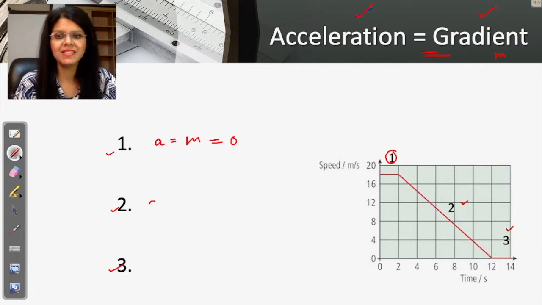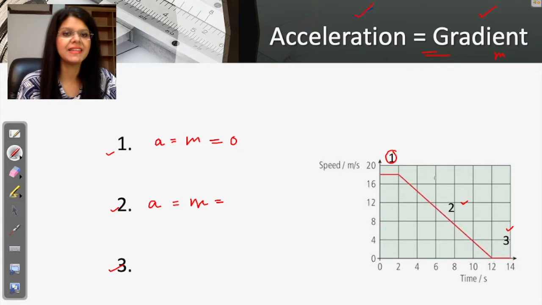What is the acceleration in part 2 of the graph? Again, acceleration is the gradient. Let us take any 2 points on the graph and name them point A and point B. Let us write down the coordinates of A. What is the x value? 2, comma, 18. So A is (2, 18).